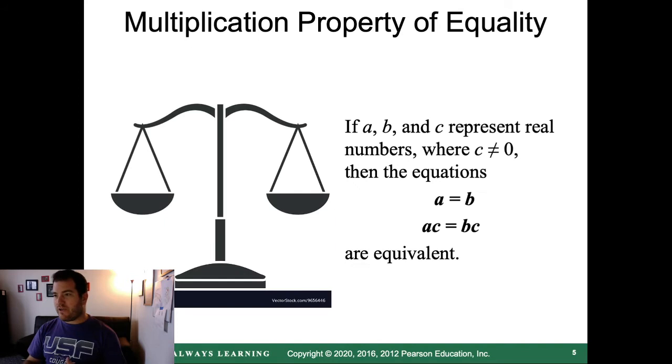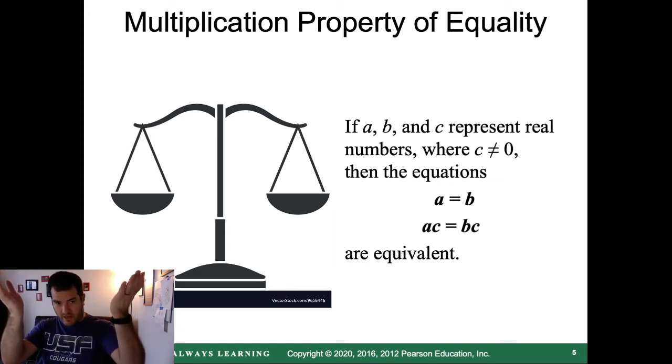Okay, so here is the multiplication property of equality. Just like last class, whenever I think about it, I think about the balance scale. Remember, if you add something to this side, you have to add it to this side, or else they won't be equivalent. Same thing if you take something away from this side, you have to take it away from that side.